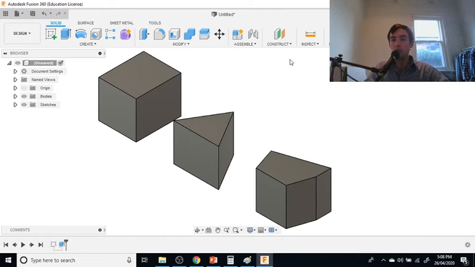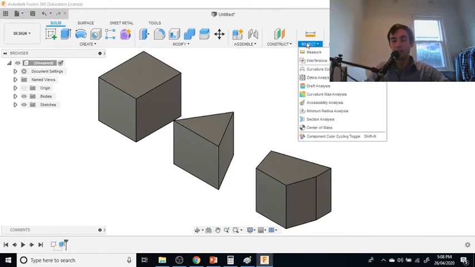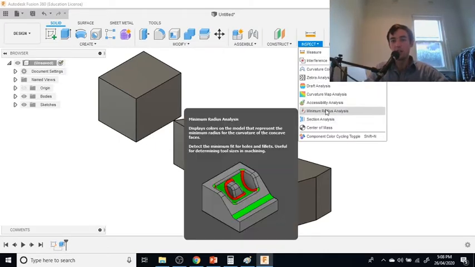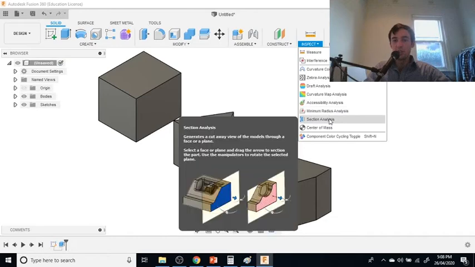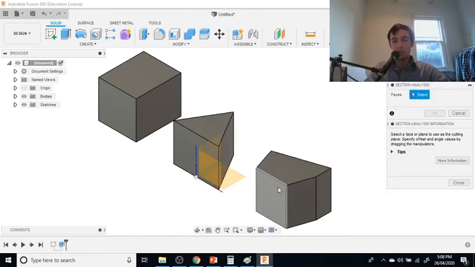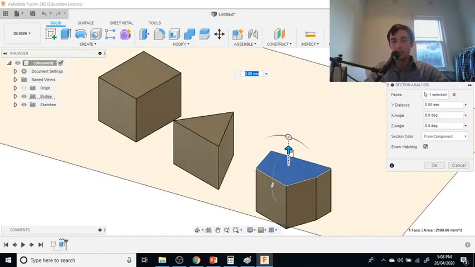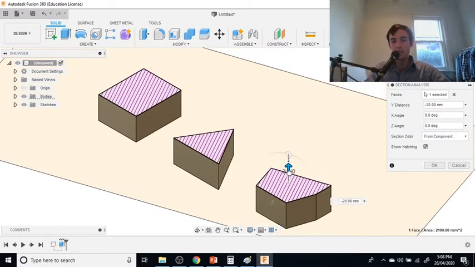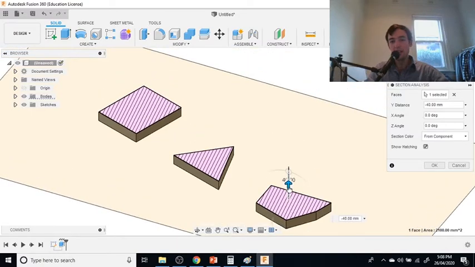Now, you also need to know what a cross-section is. A cross-section is like when you cut one of these shapes. Now let me show you how that will look. So I can cut these shapes to show what's inside of them.